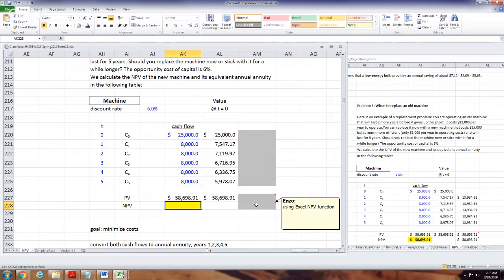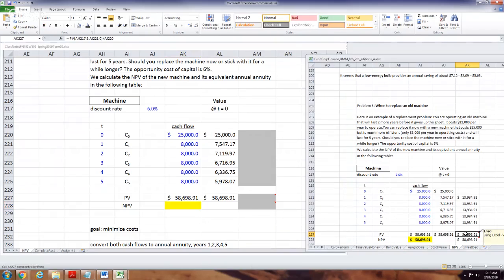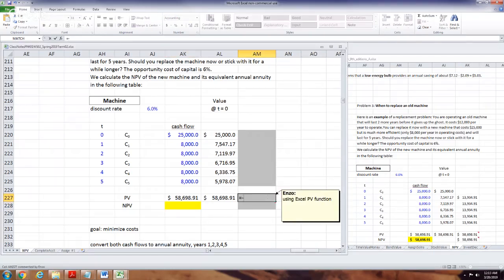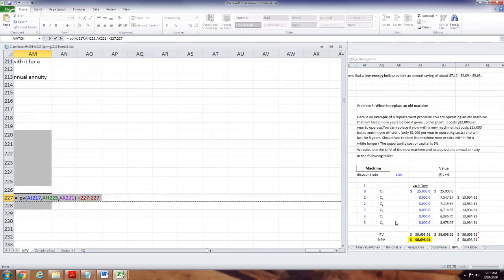All right, so you have all that. And then you can use the PV function, right? It's going to be 6%. It's going to be 5 years. It's going to be a bunch of $8,000 payments, and then plus a 25.